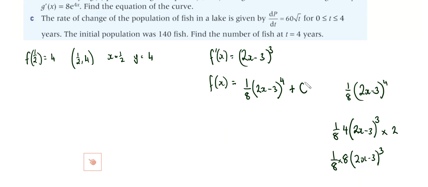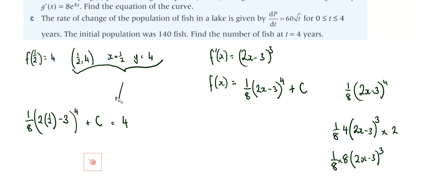We've got a piece of information, which says that 1/8 of (2 times a half minus 3) to the power of 4 plus c must equal 4, using this information there. And now the only unknown is c, and we can sort that out.